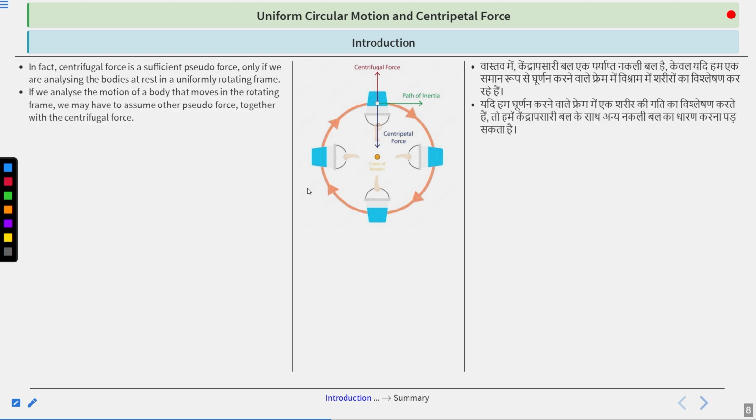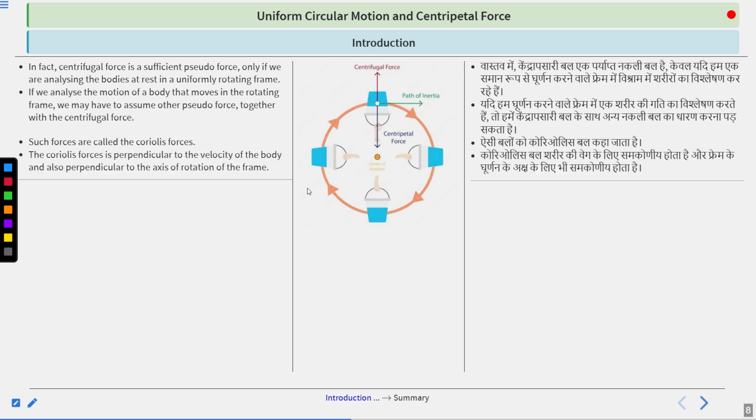If we analyze the motion of a body that moves in a rotating frame, we may have to assume other pseudo forces together with the centrifugal force. Such a force is called the Coriolis force. The Coriolis force is perpendicular to the velocity of the body and also perpendicular to the axis of rotation of the frame.